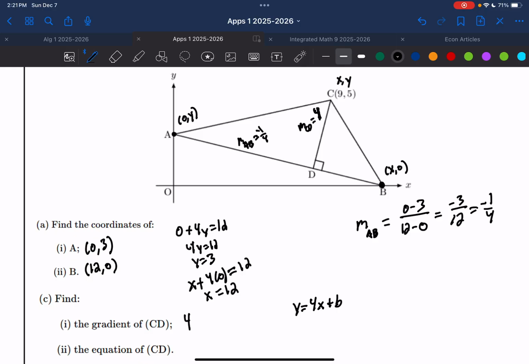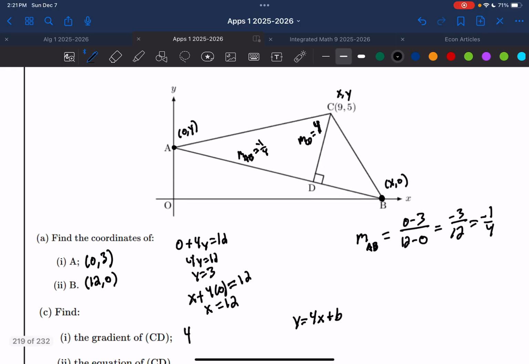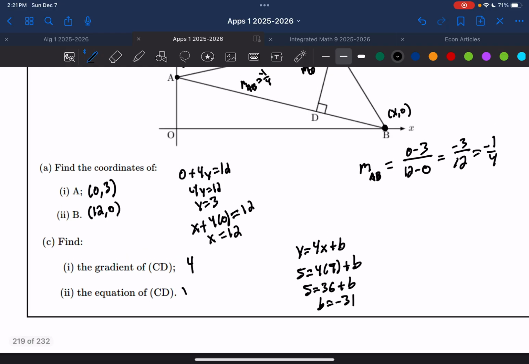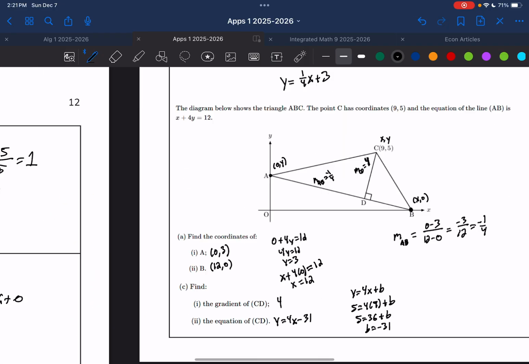So if we take x and y there, then we have 5 = 4 times 9 + b. 5 = 36 + b, meaning b has to be equal to -31. So the equation there is going to be y = 4x - 31. And that completes page 13.